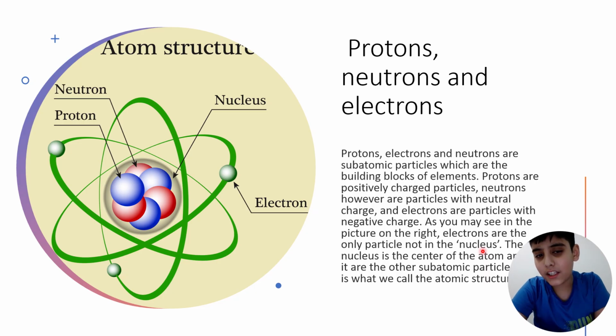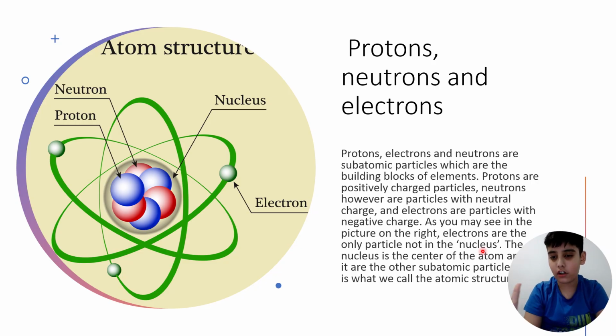You may also be thinking one really big thing: if these protons are right next to other protons, how do they not repel each other? Because it's like a magnet.